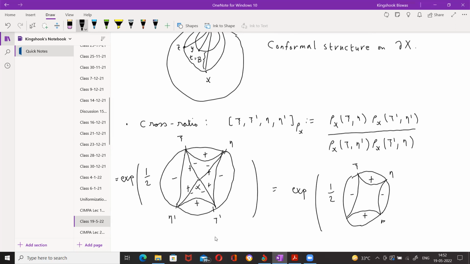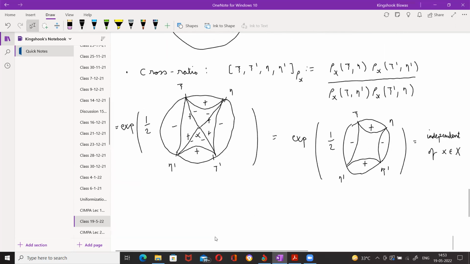Is this clear? Yes. So this is independent of x. Right?